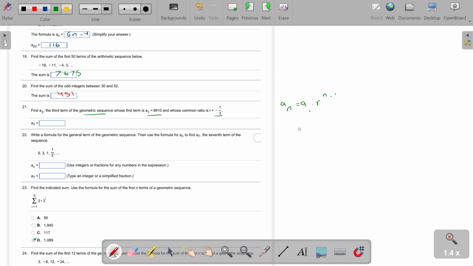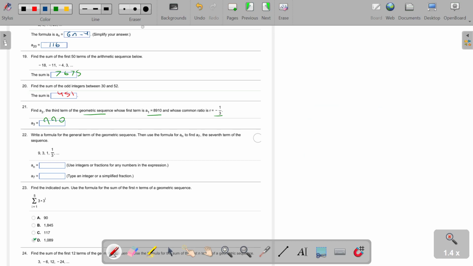I'm looking for the third term, so a3. a1 is 8910, and the r value, which is the common ratio, is negative 1/3 to the power of 3 minus 1, which is 2. And when you use your calculator, this is going to be equal to 990.